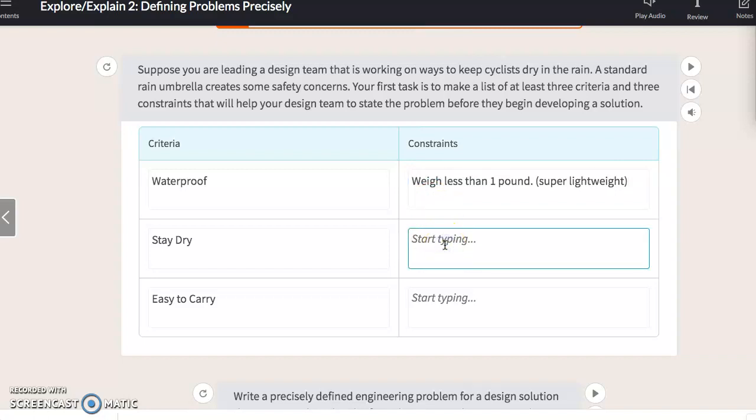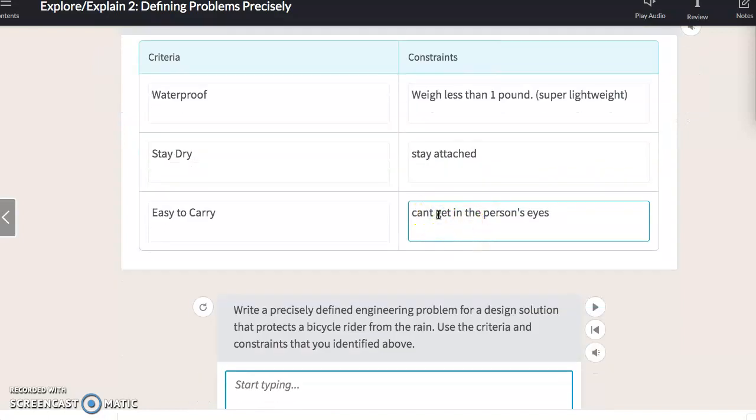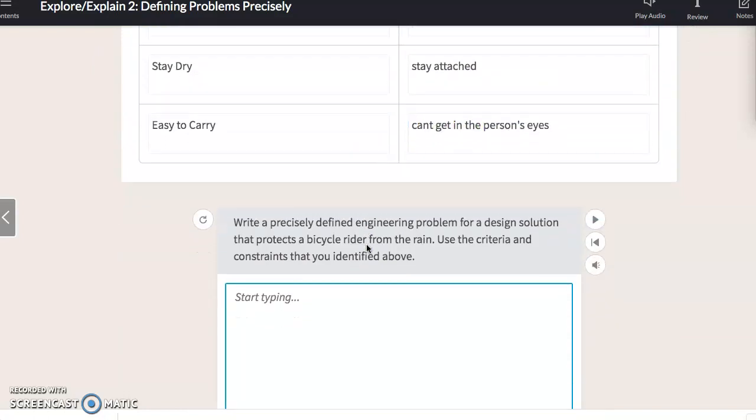It has to stay attached. It also can't get in the person's eyes because they're biking, so you definitely can't have it get in the person's eyes because then they would crash.